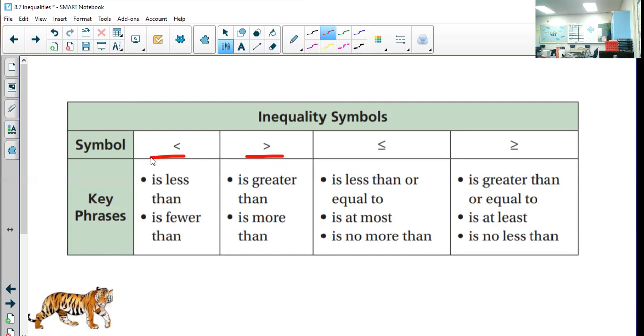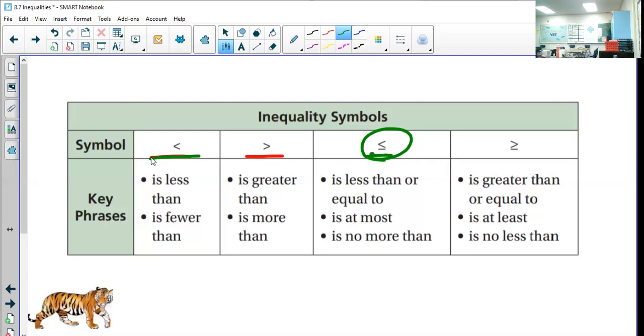The two new ones over here are less than or equal to, is at most, or is no more than. What makes this one different is that little line underneath. We've got a less than sign with a line underneath, and the line signifies that it could be equal to.